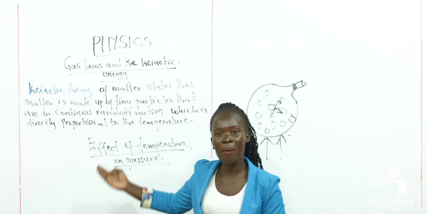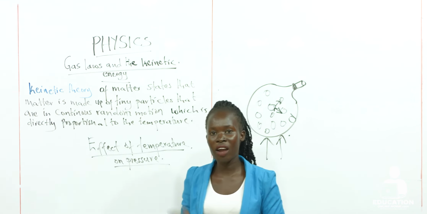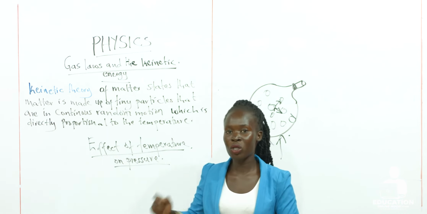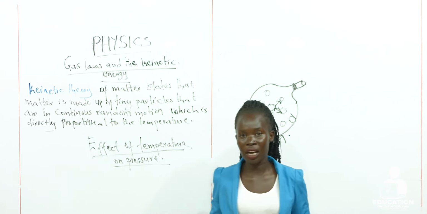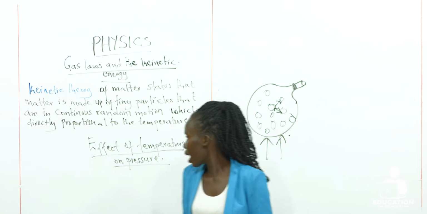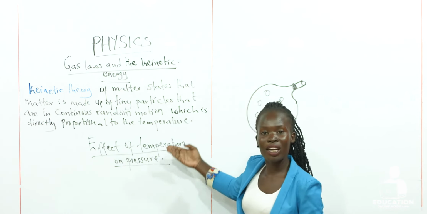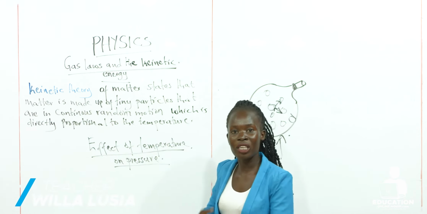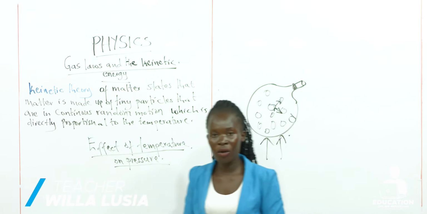You should always remember that matter has tiny particles that are in constant random motion, and their motion is proportional to the temperature. If you reduce the temperature, you reduce the rate at which these molecules move from one point to another. As you increase the temperature of a body, you increase the pressure between the molecules and the walls of the container.